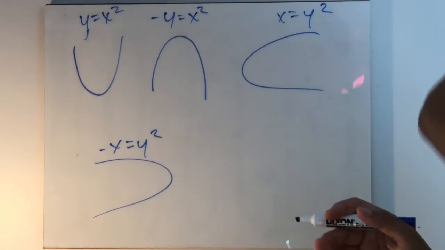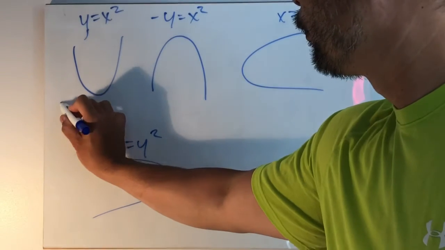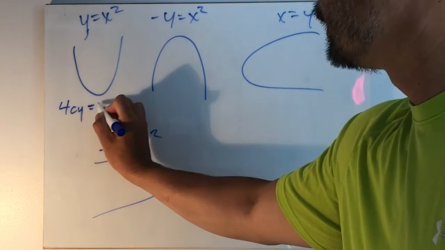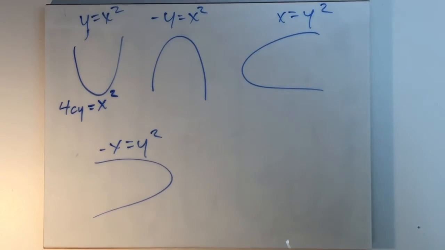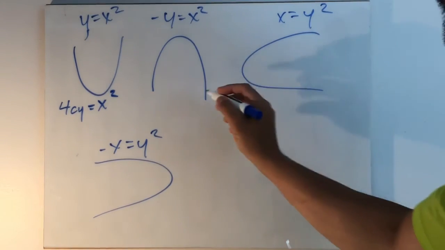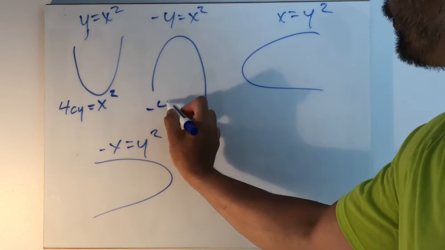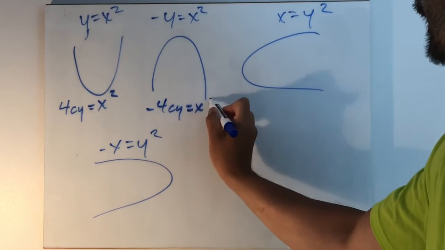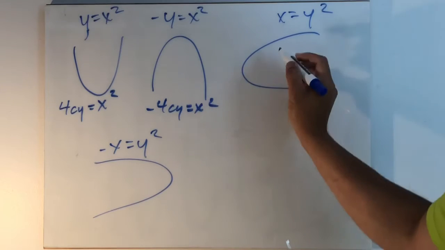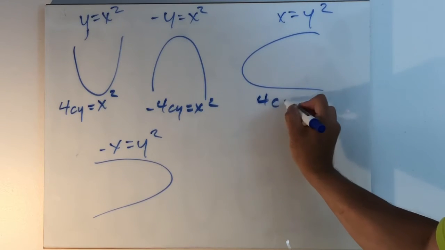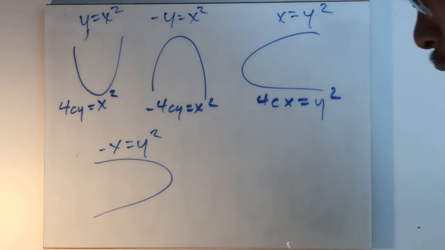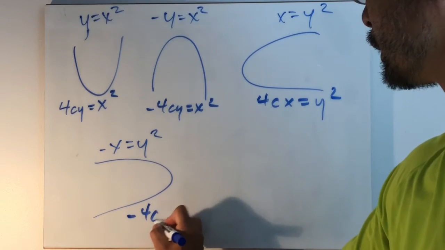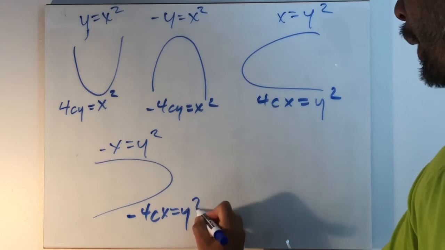We introduce a new type of equation here. We go 4cy equals x squared, and then this one is negative 4cy equals x squared, and this one is 4cx equals y squared, and then this one is negative 4cx equals y squared.